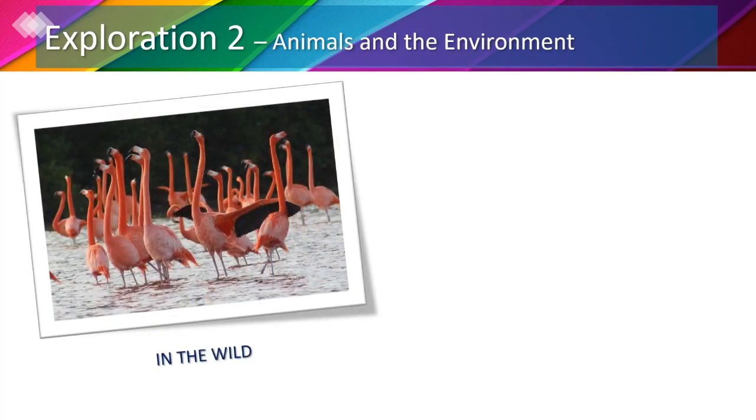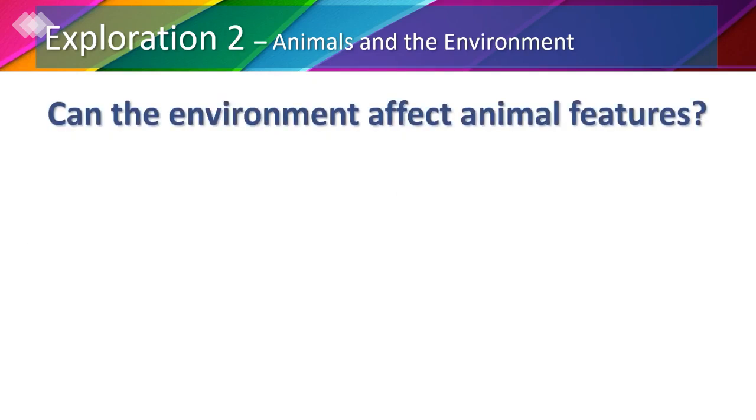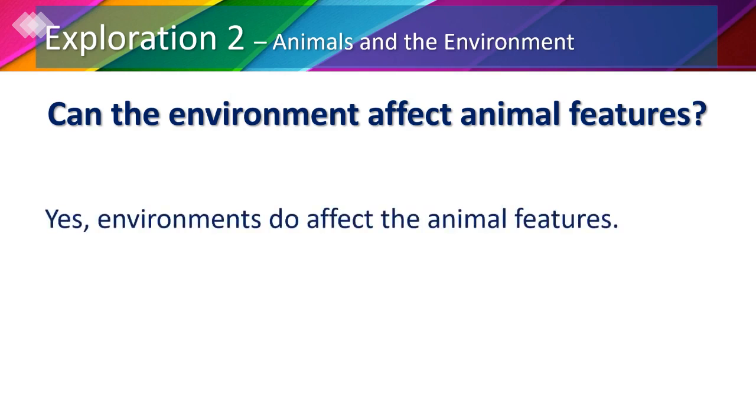This means that the environment in which these flamingos live causes different diets, which in turn affects how the animals look. So the question is, can the environment affect animal features? Well, if the pictures of the flamingos tell us anything, it's that yes, environments do affect animal features.